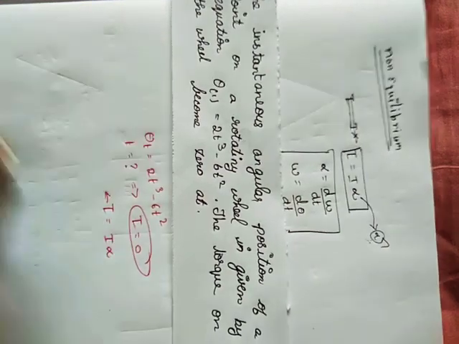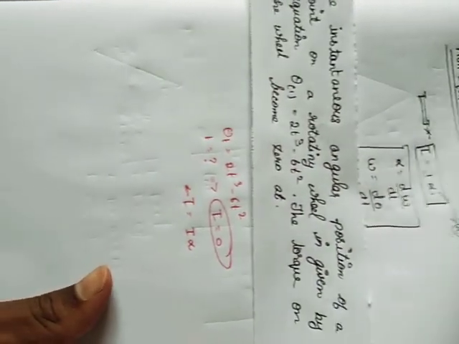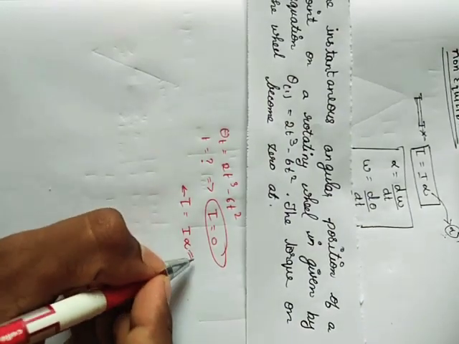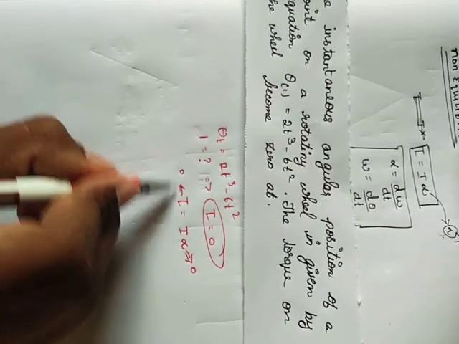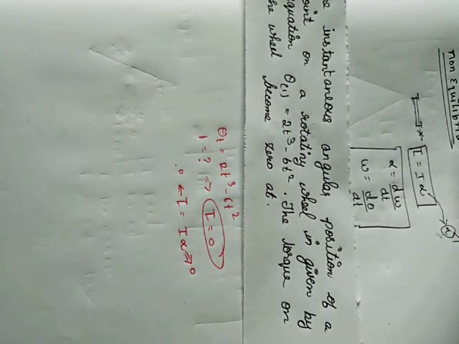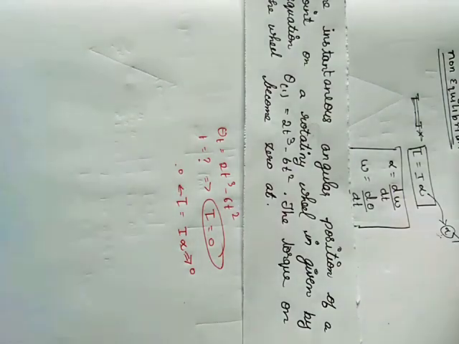When torque is 0, then definitely the angular acceleration must also be 0, because the inertia must be constant for any system. Suppose you assume it is a sphere, it has a constant value and never changes. For the same object, the moment of inertia is never going to change. But the torque and angular acceleration may change. Here the torque is 0, so definitely the angular acceleration must also be 0.